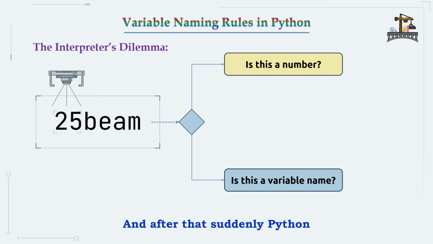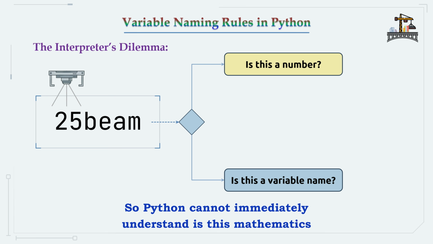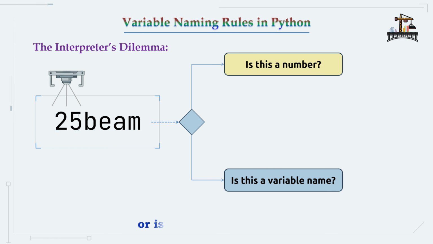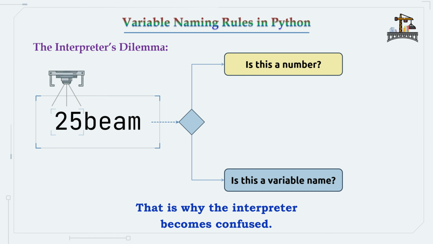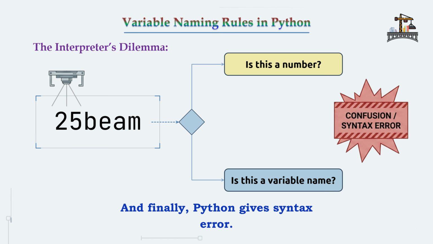And after that, suddenly Python sees beam, which looks like text. So Python cannot immediately understand, is this mathematics or is this a variable name? That is why the interpreter becomes confused and finally Python gives syntax error.